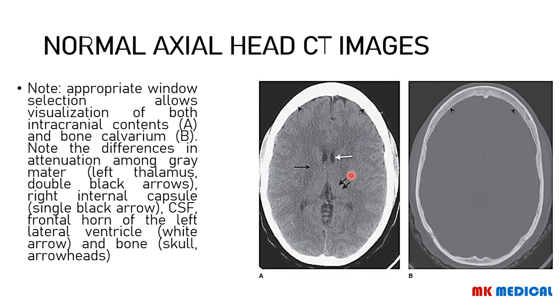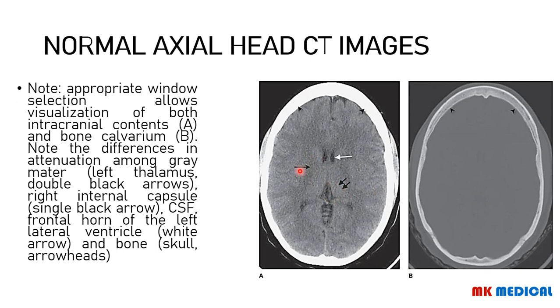And there are other things that you can visualize on this particular image. As you can see, if you follow the black arrows, that's where you have your thalamus in this area. This double arrow is the thalamus.